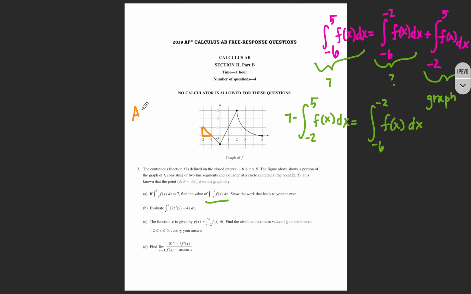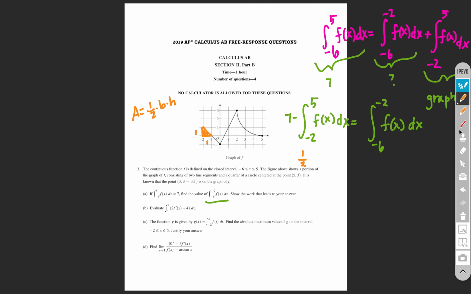The area of a triangle is 1/2 times base times height. This triangle has height 1, base 1, so its area is just 1/2. I'm going to start writing down the area right underneath this integral. So far I've got that 1/2, that yellow one, taken care of.